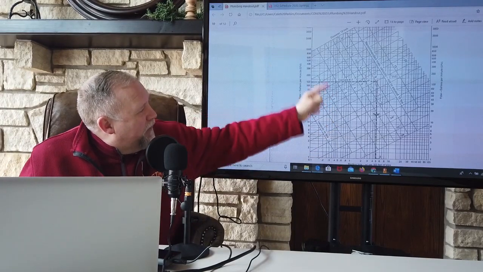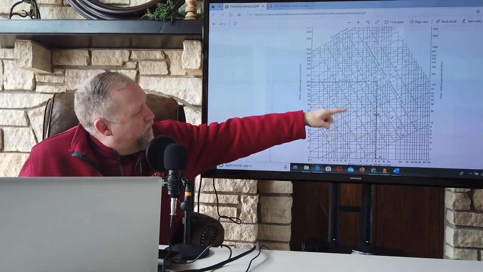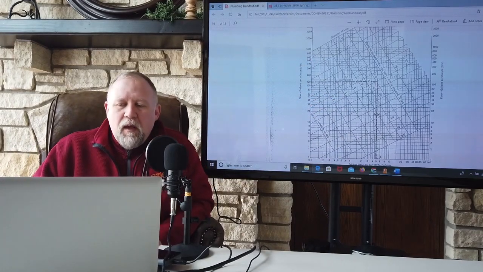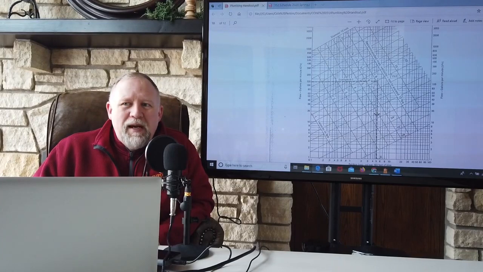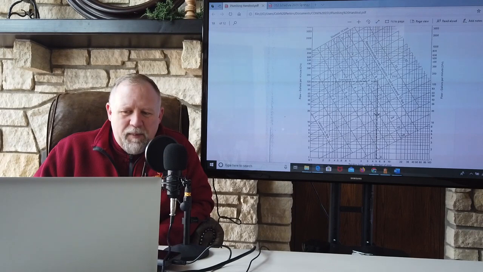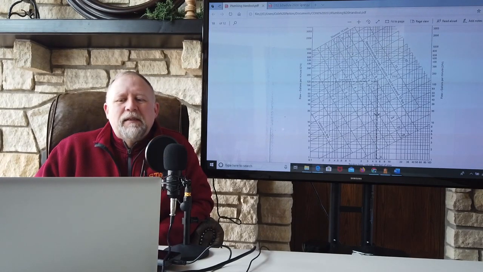It's going from the top left to the bottom right. There's 10 feet per second, 8, 6, 5, 4, and so forth. For a buried underground water main, 8 feet per second velocity is just fine. If we were inside of the building and we were worried about noise in the pipes, I would probably use 6 feet per second.